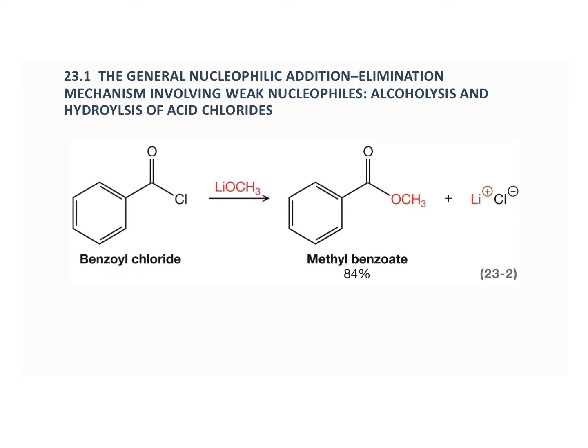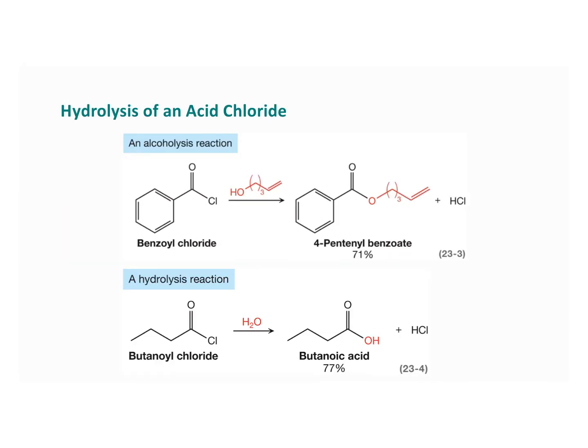So this is our acid chloride, right? And we've produced an ester, and we can also do this using a weak nucleophile. So this is a strong nucleophile. And then if we go to the next slide, we see where this can happen with a weak nucleophile.